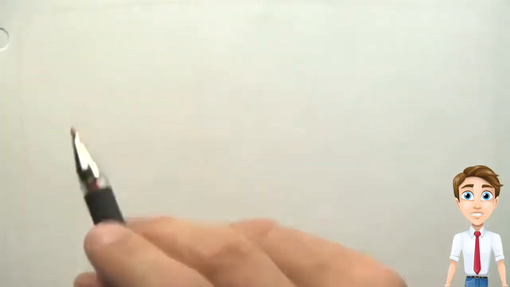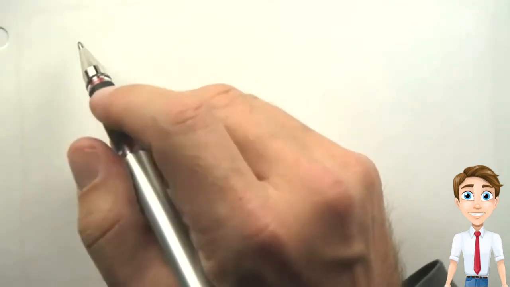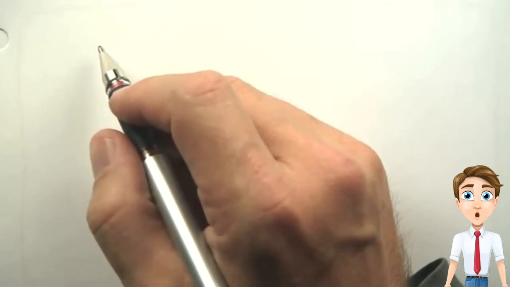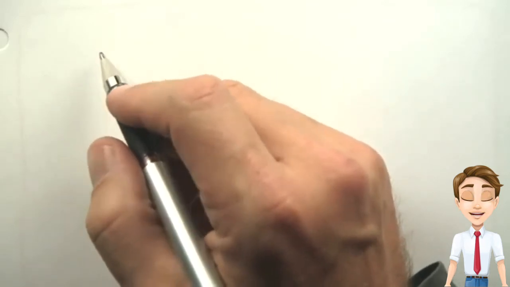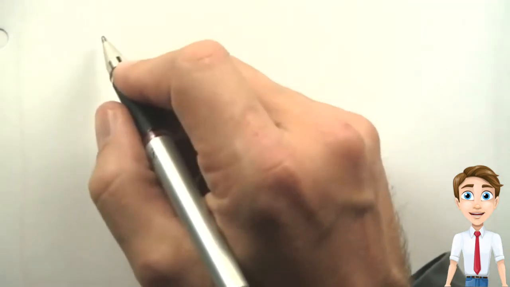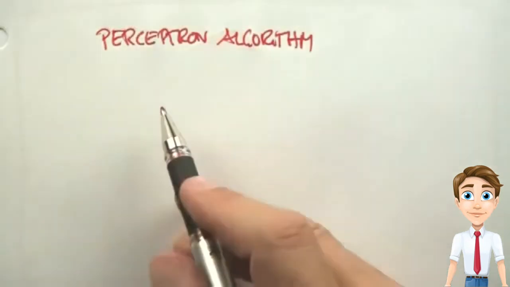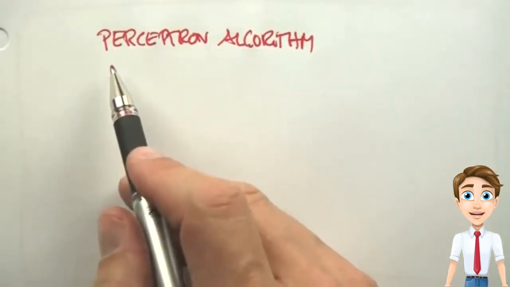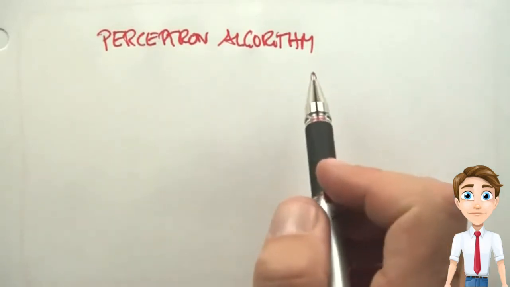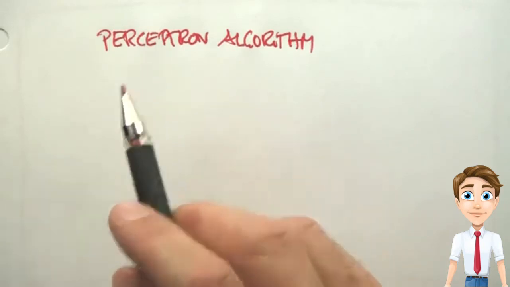Now, there's many different ways to apply linear functions in machine learning. We so far studied linear functions for regression, but linear functions are also used for classification, and specifically for an algorithm called the Perceptron algorithm. This algorithm happens to be a very early model of a neuron, as in the neurons we have in our brains, and it was invented in the 1940s.